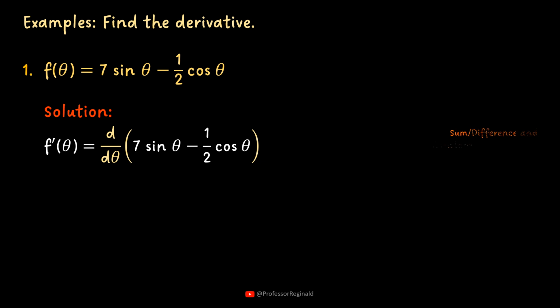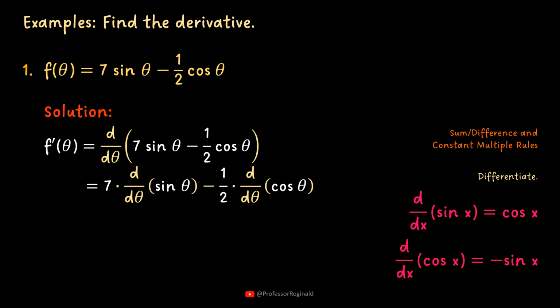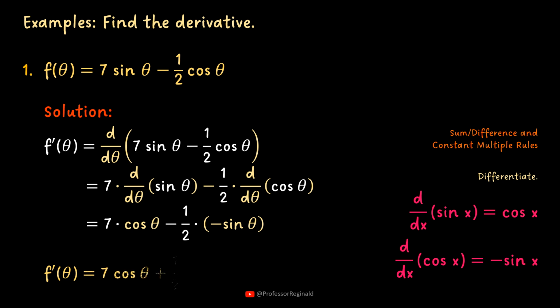Apply the difference and constant multiple rules, and differentiate using trigonometric function rules. Thus, f prime of theta equals 7 times the cosine of theta plus 1/2 of sine of theta.